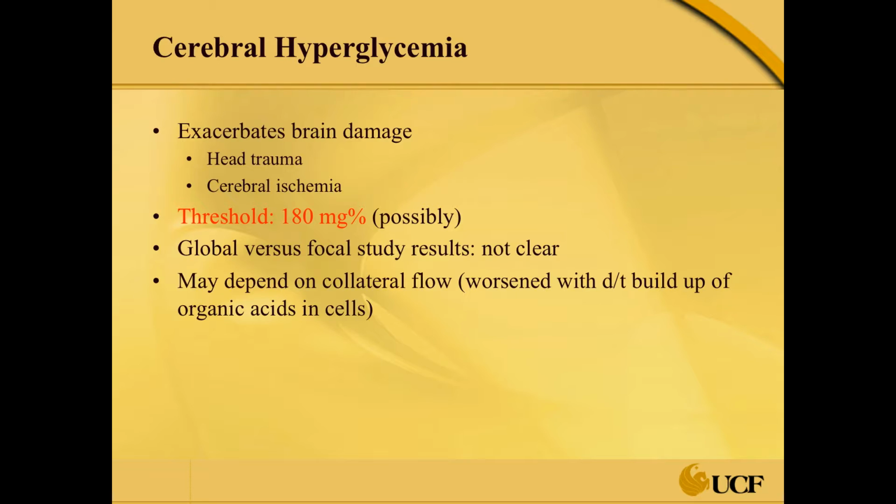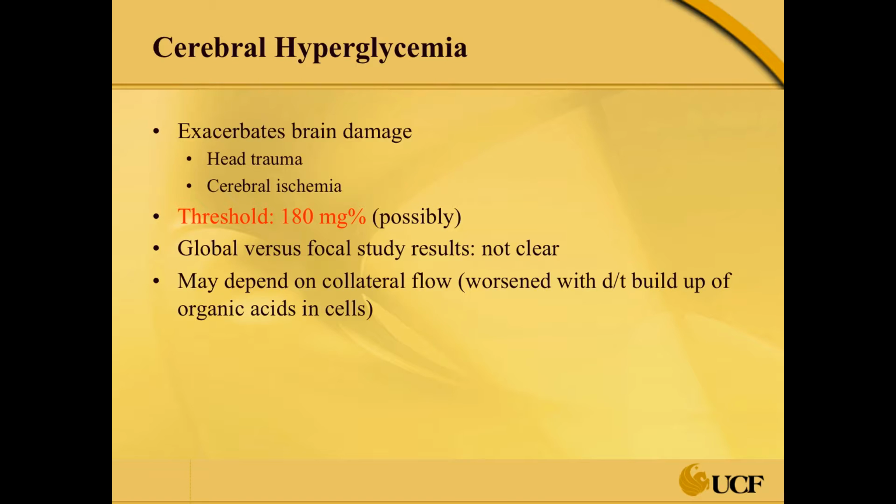The reason why we say possibly is because there's other research that shows that if you too tightly control glucose in the ICU environment, sometimes you can have hypoglycemic events, which we believe might even be more problematic than if you were just going to keep the patient at a higher sugar. But certainly with brain tissue being so sensitive to sugar, 180 is kind of your gold standard there.